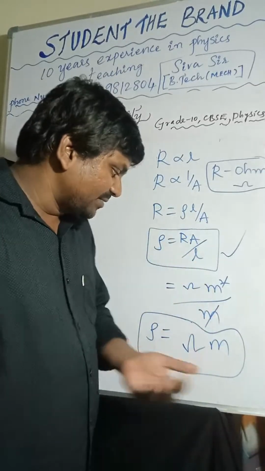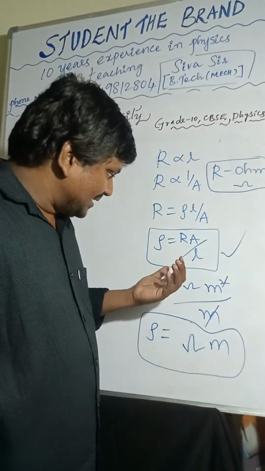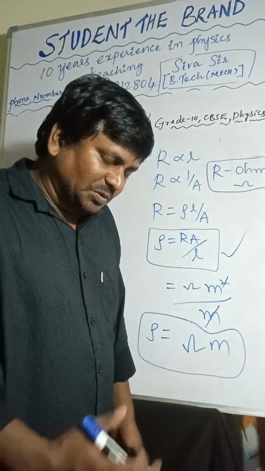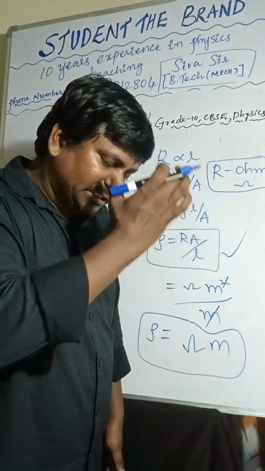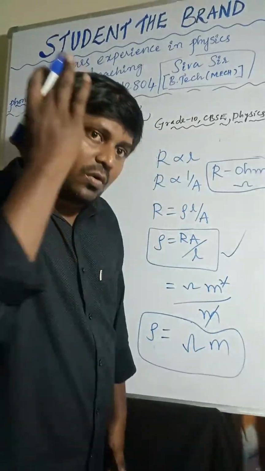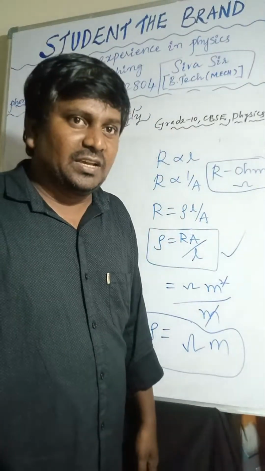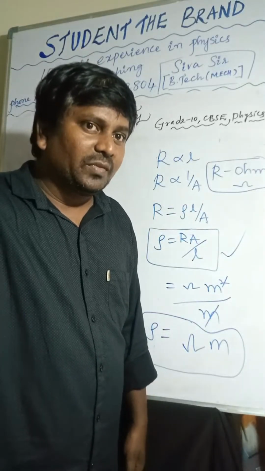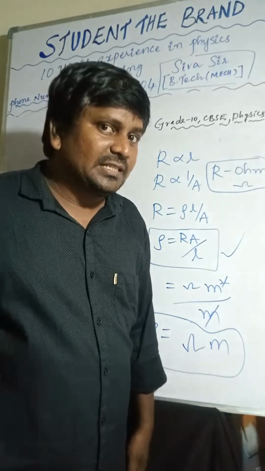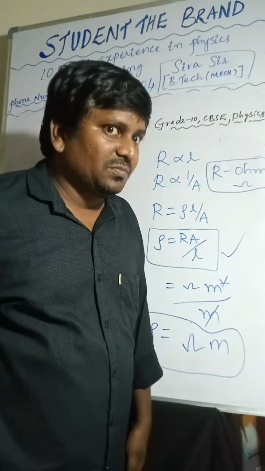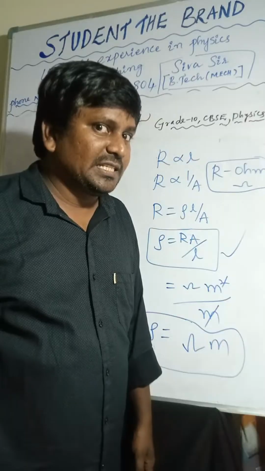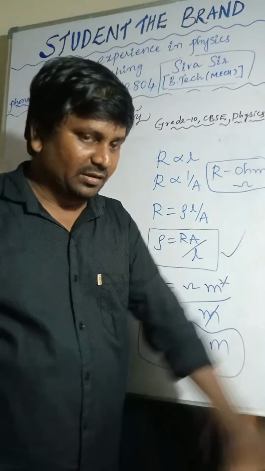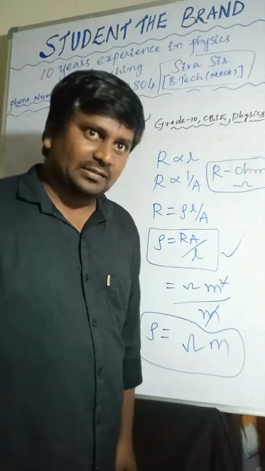SI unit of resistance is ohm. SI unit of resistivity is ohm meter.